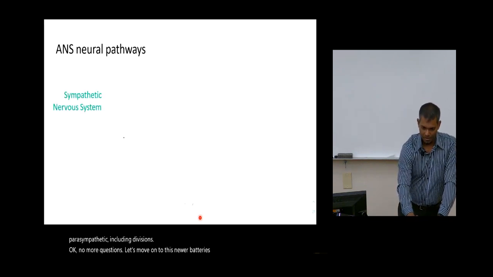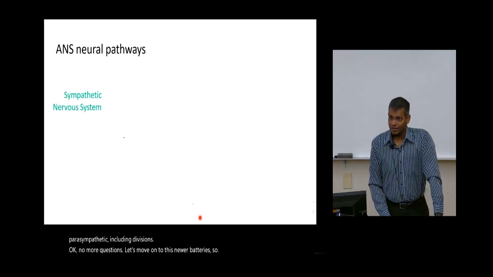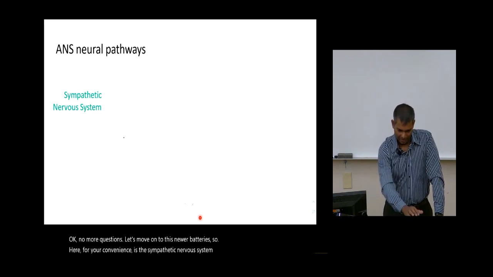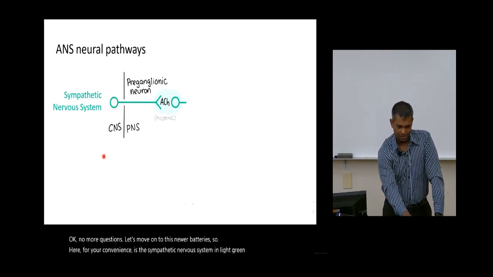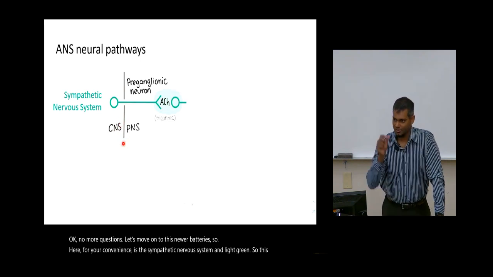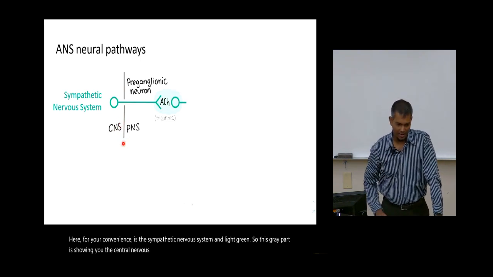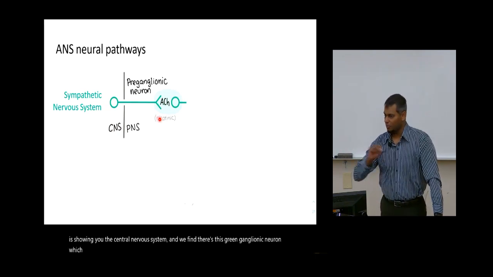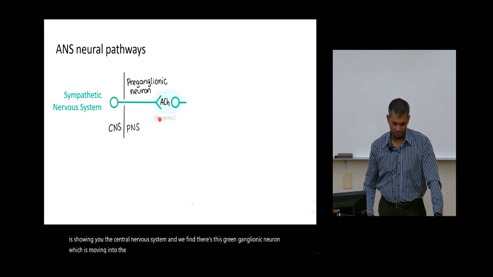So, color coded here for your convenience is the sympathetic nervous system in light green. This gray part is showing you the central nervous system, and we find there is this preganglionic neuron which is moving into the peripheral nervous system.